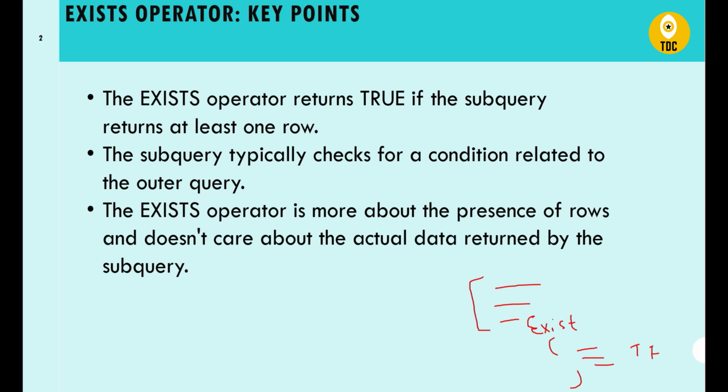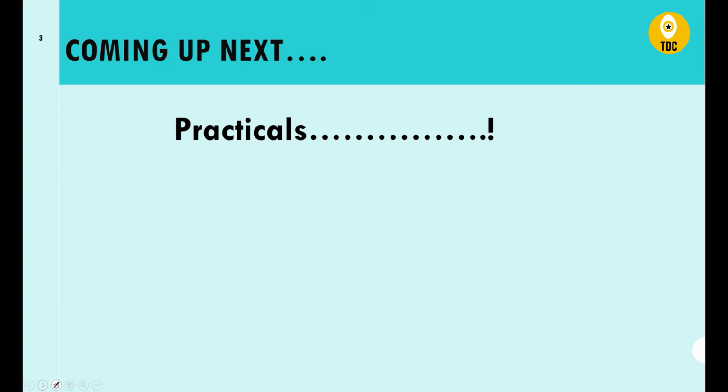Only then will it say true, and the outer query can return values. Otherwise, the outer query doesn't return any values; it will be zero rows. That's the main thing about the EXISTS clause. Now let's quickly jump to the practicals.